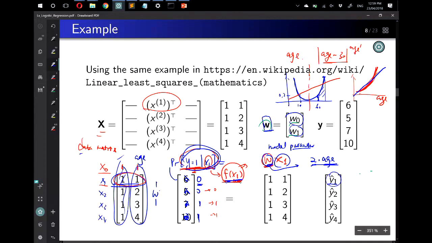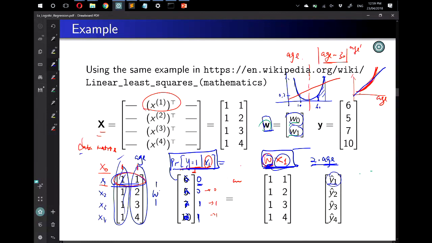Okay, so here you probably buy the idea that I want to model the property of this one, and I speculate that it's going to be a linear function of my x.